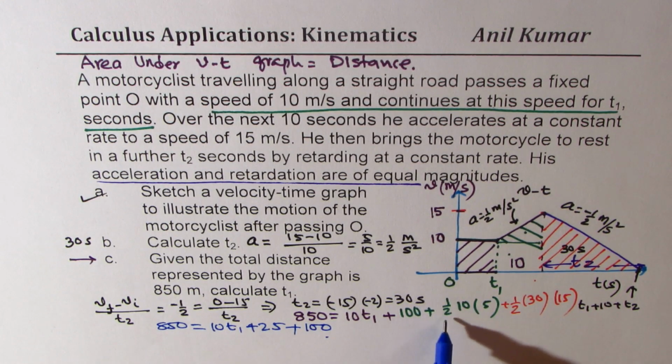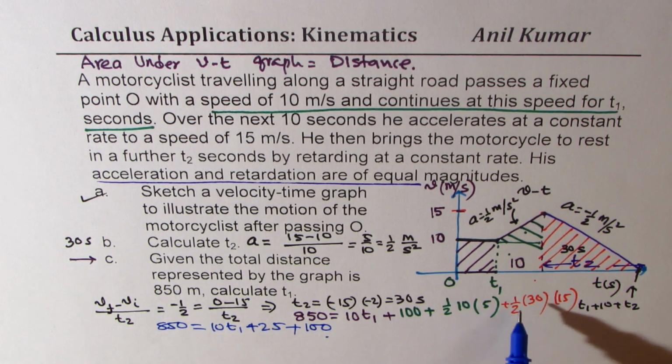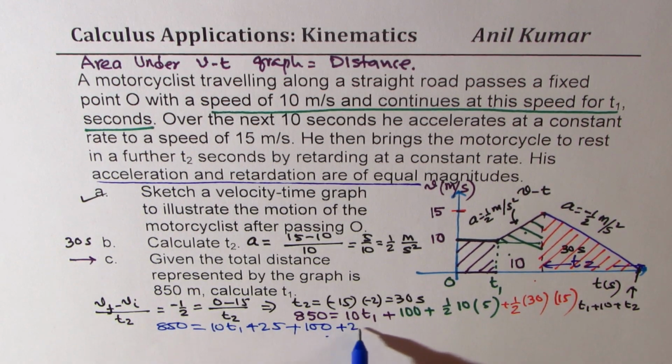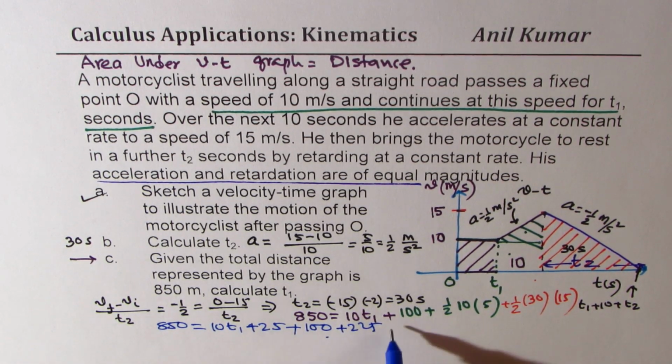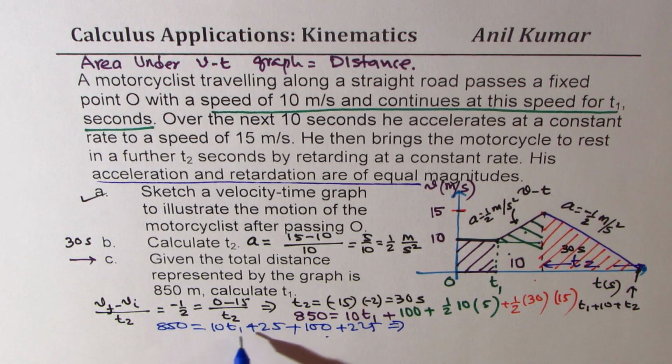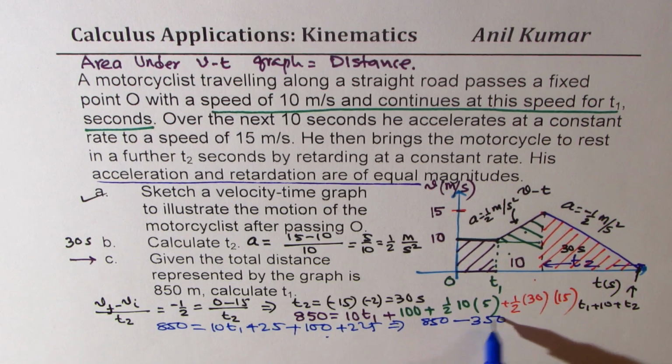And we have 25, half of 10 times 5, and now half of 30 is 15. 15 times 15 is 225. So that's it. So all this is equal to 850. So that gives you the value of T1, which will be 850 minus all this. So 225 plus 25 is 250 and 100, 350, correct?